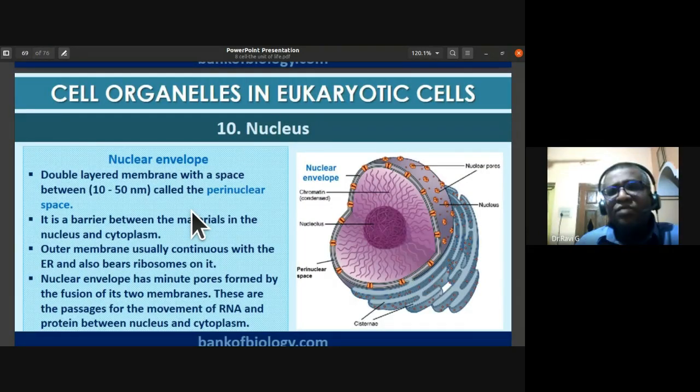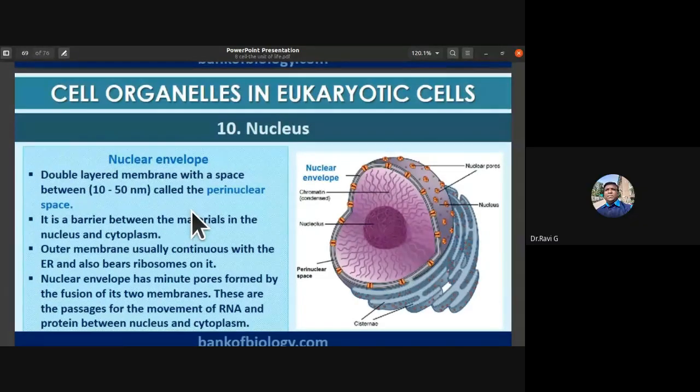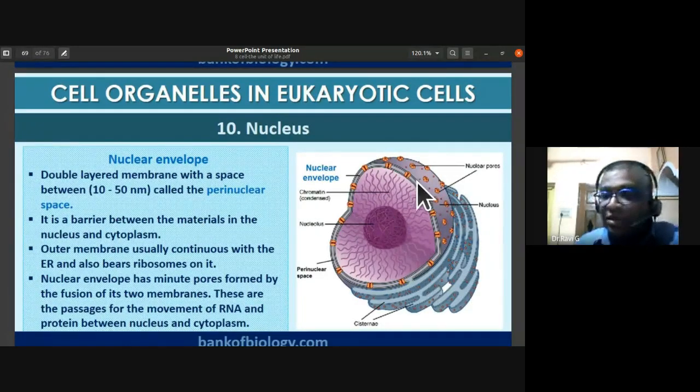The nuclear envelope is a double-layered membrane with a space between the outer and inner membrane.